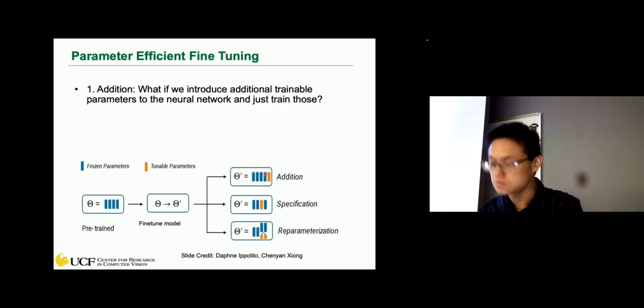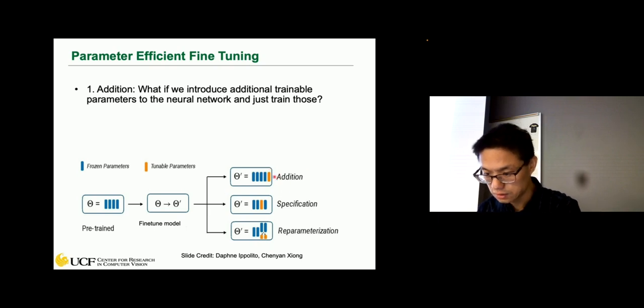And we only add some tunable parameters. Maybe you can consider adding a couple of layers, like a new classification layer, or one more fully connected layer at the end. These new learnable parameters are able to change some of the behavior or feature representations to adapt to your downstream data.